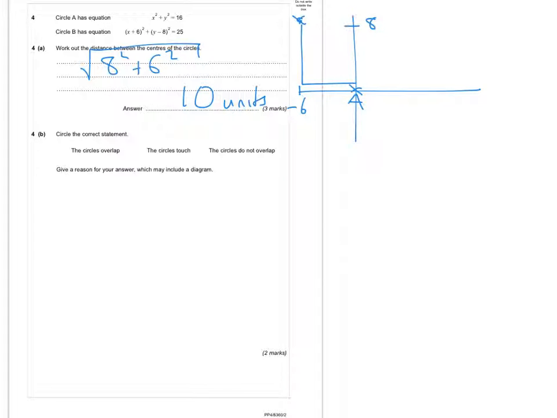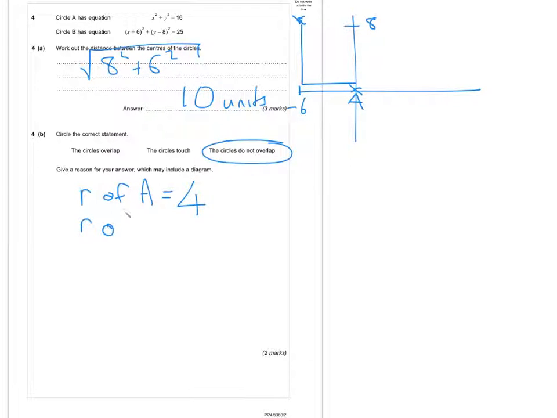Okay. Circle the correct statement. The circles overlap, the circles touch, the circles do not overlap. Give a reason for your answer. Well, I think the circles do not overlap. Radius of A equals 4.